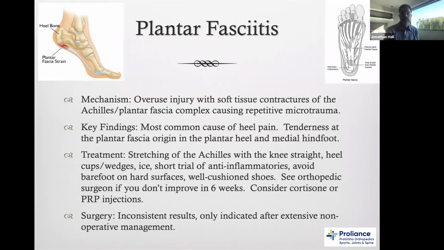So with that said, I think the results are probably 50-50. I think people still have pain to some degree in some areas. Sometimes when we release the fascia and take the spur out and loosen up the calf muscle, the pain is then transferred to another portion of the foot. The plantar fascia is, once again, this canvas-like tissue that goes from the heel to the base of the toes, and it helps to distribute your weight.